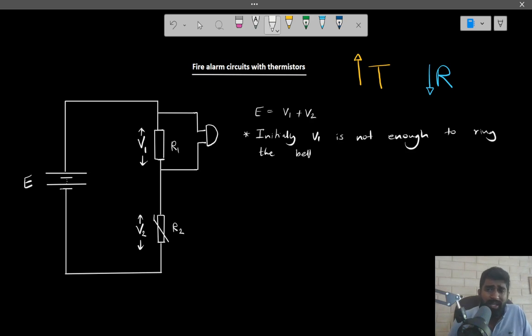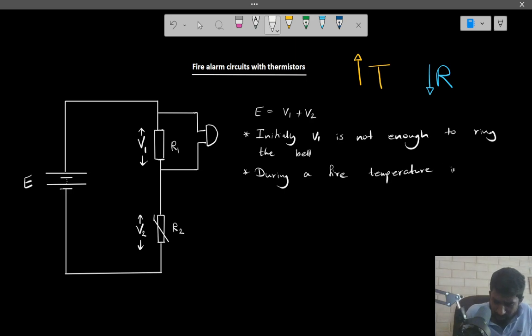But what will happen during a fire? You already know that during a fire, the temperature increases. Then you already know this equation, which I'm going to write now: V1 over V2 is equal to R1 over R2.